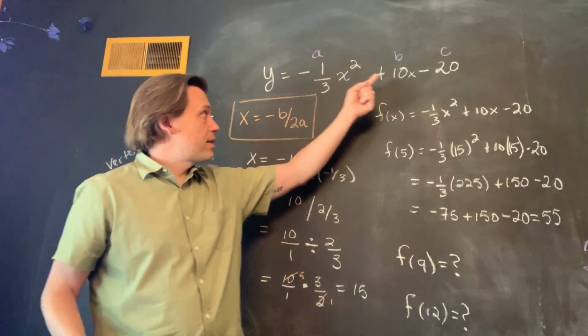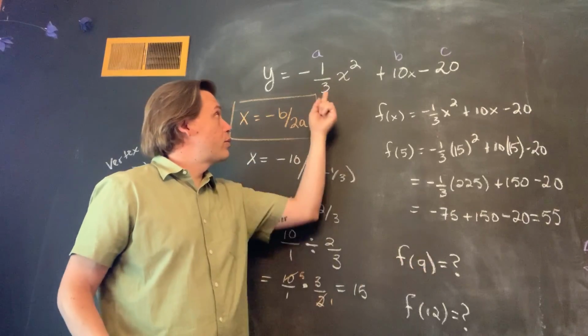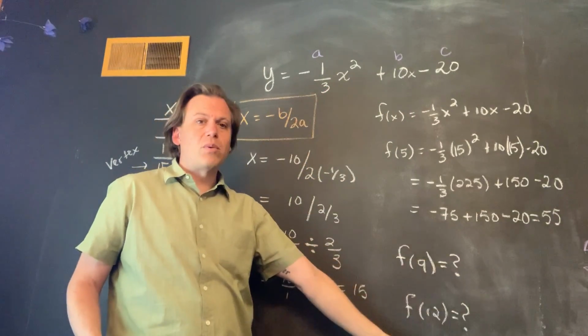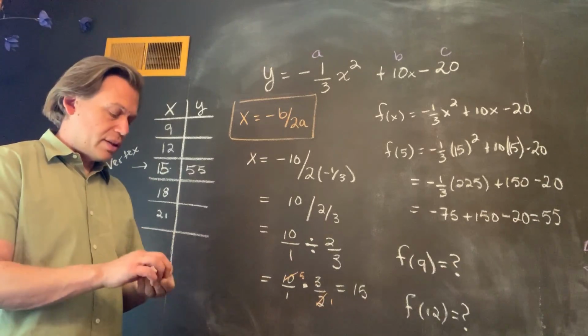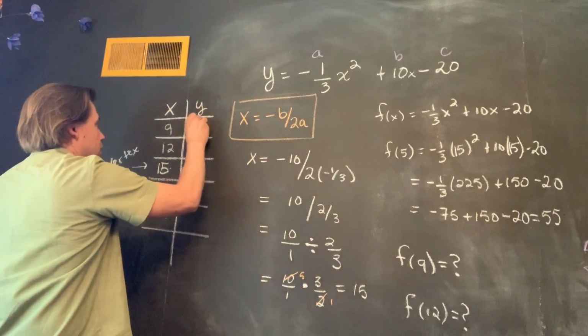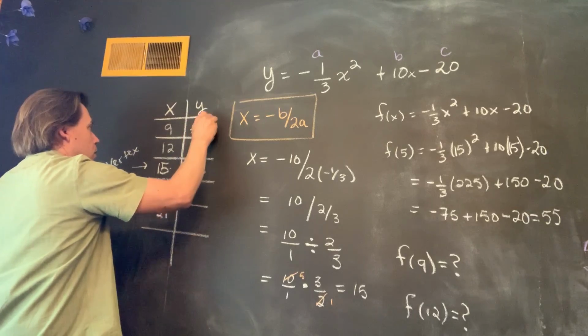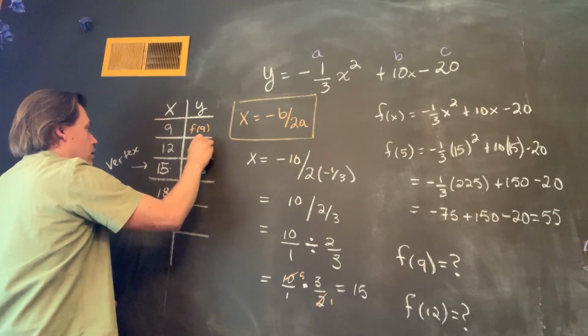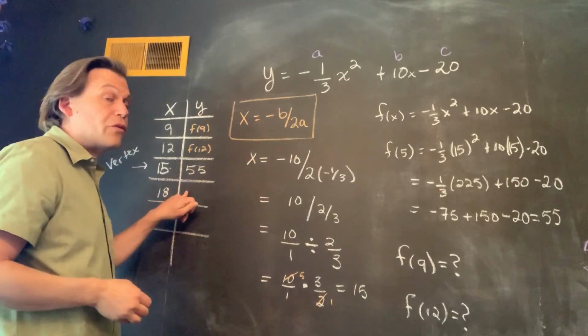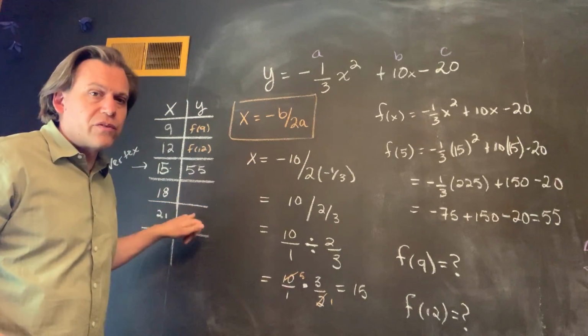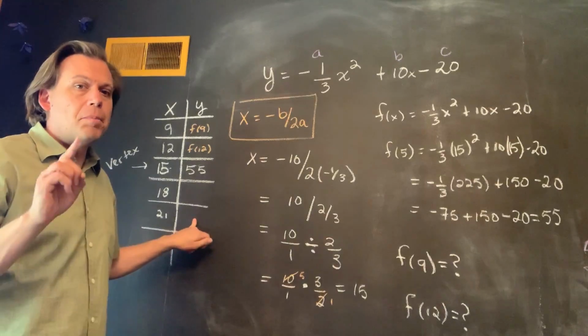Just replacing the x values with 9, and then replacing the x values with 12. When I do that, those answers, whatever they are, will go here. Once you know that, you could also find f of 18, and you could find f of 21, but you don't have to.